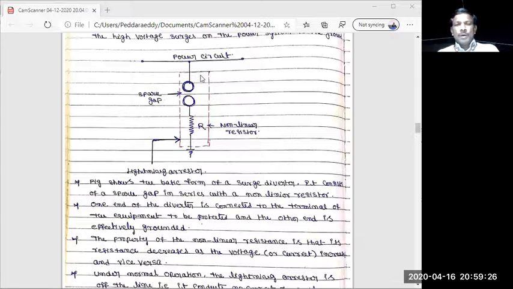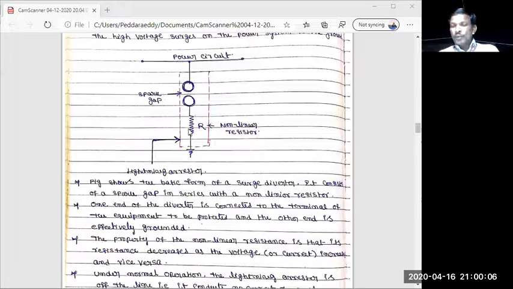Coming to abnormal condition, when abnormal current or voltage, or a voltage surge, passes through the conductor, at this time the spark gap, the gap between the two spheres filled with air, breaks down. The air acts as a conducting path, and the nonlinear resistor offers very low resistance for high voltages and high current.